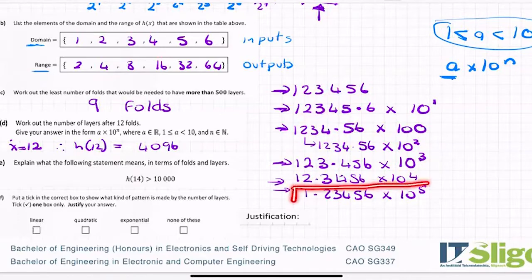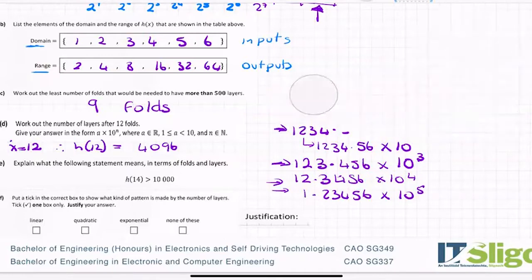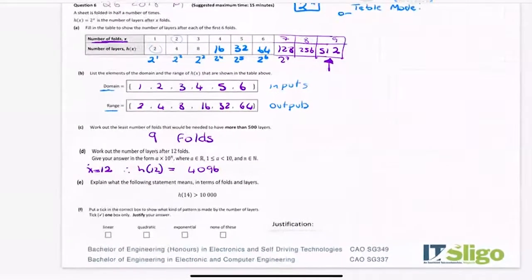So the only one is where the decimal point lies between the first two numbers, unless of course that's a 0, but in general it's not. So when the decimal point lies between the first two numbers, you will find that the number is between 1 and 10. Okay, so that's just scientific notation in general. And it comes up a bit, so I hope it does make sense to you.